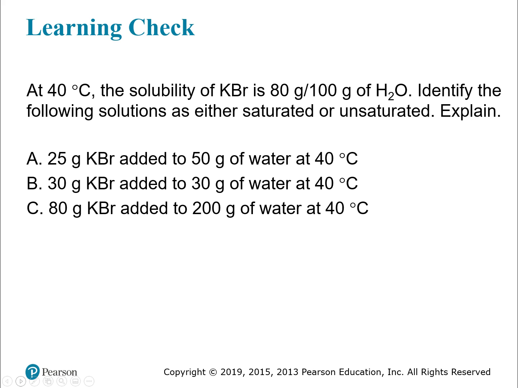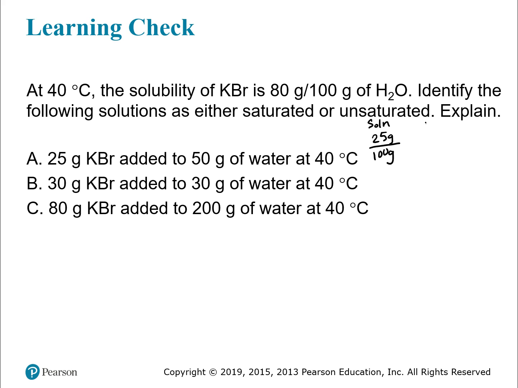Okay, is anybody else stuck or a little confused? Okay. Then let's work on it together. So in A, we've got 25 grams of potassium bromide added to 50 grams of water. This is our solution.